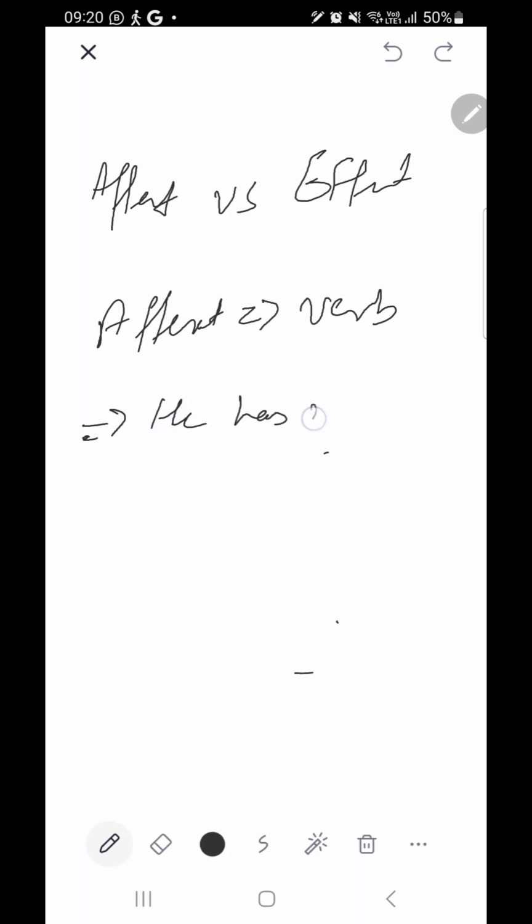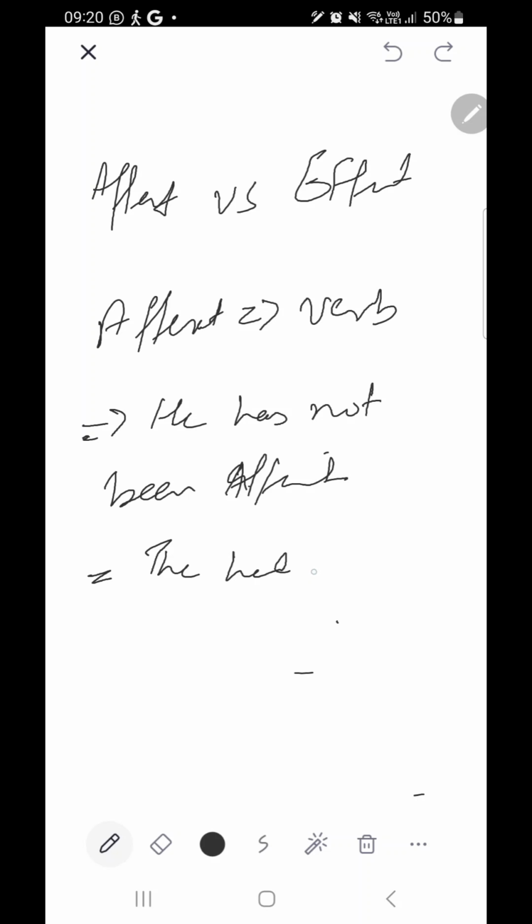And effect with E is a noun: the patient has had no effect. Pronunciation of both is the same. Affect with A we can write as a verb. The patient had not been affected by the treatment, or the treatment has had no effect, like that, right?